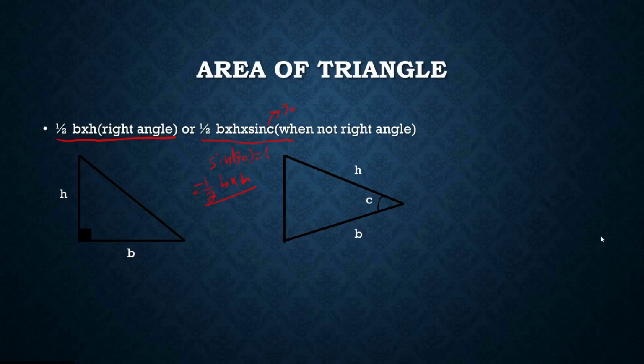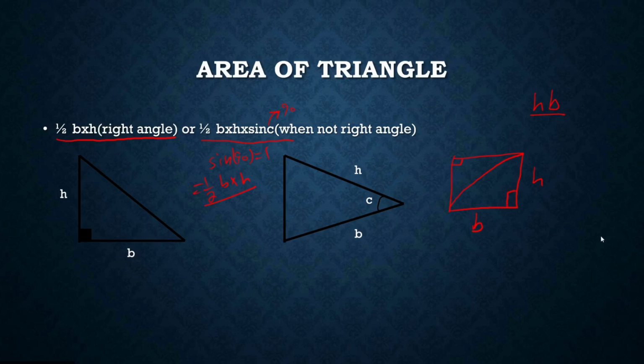This just comes from the fact that if I have a rectangle over here, let's say this is the height of the rectangle and this is the base of the rectangle, you know the area of the rectangle is height into base or length into width. Now I can divide this into two parts. This will be a right angle triangle and this will be a right angle triangle.